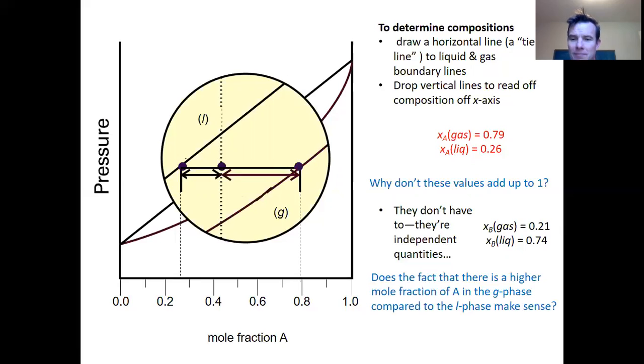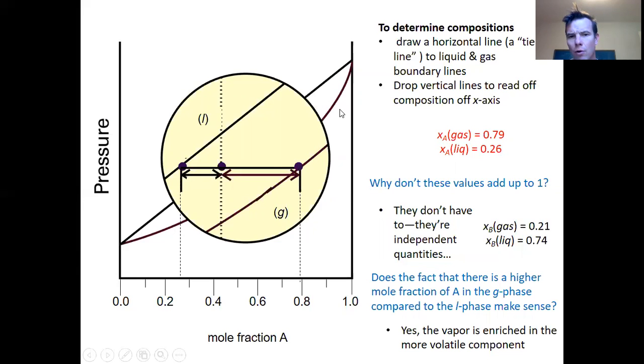Second question. Does the fact that there is a higher mole fraction of A in the gas phase compared to the liquid phase make sense? The fact that this is bigger than the liquid phase, does that make sense? And I would argue yes, right?